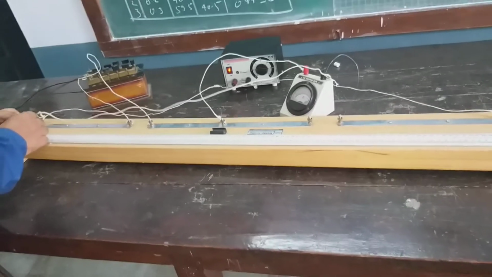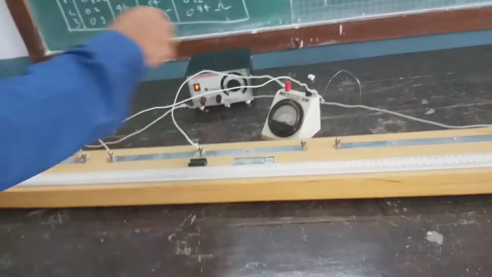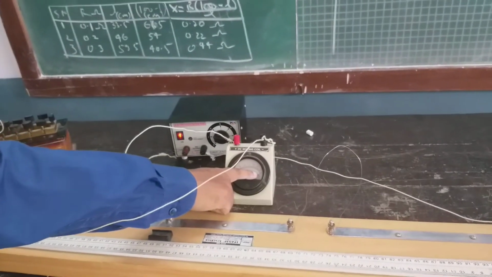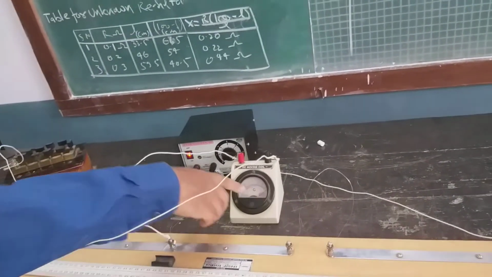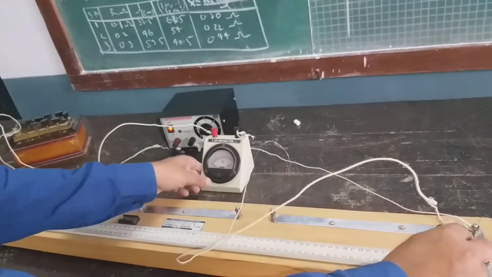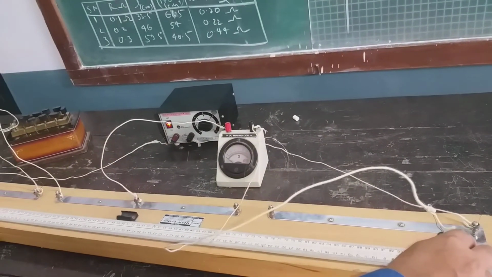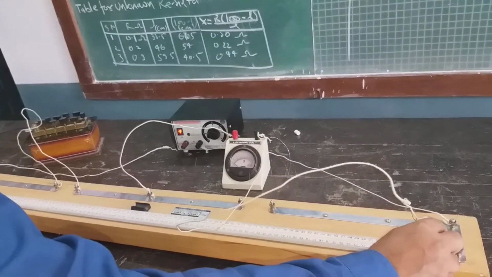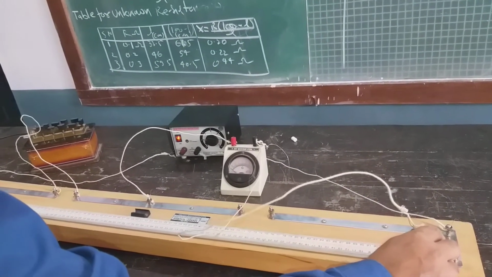So just see here that by putting the jockey at one of its ends, the galvanometer needle is showing the deflection towards the extreme right, and by putting the jockey at the other end, the galvanometer needle is showing the deflection towards the extreme left. This means that by this we can say that the connection is correct.